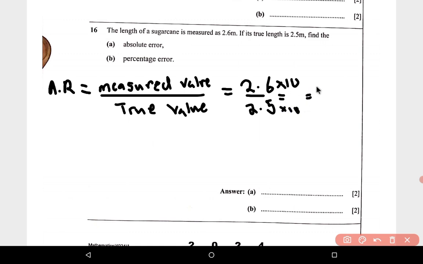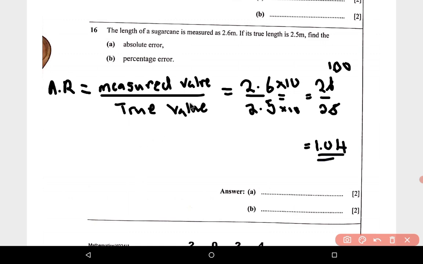You get 26 over 25. How many times does it go there? It goes there 1, put a point, put a 0 there, into 10 it goes 0 times, into 100, 25 into 100 goes 4 times.